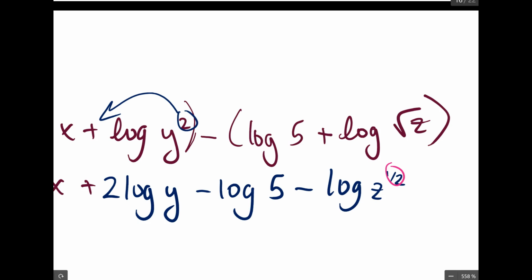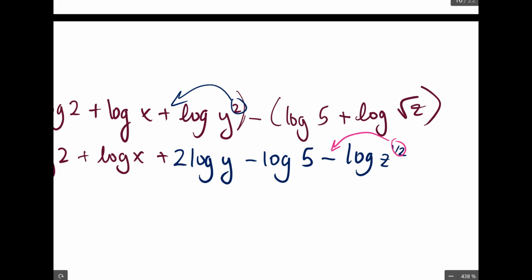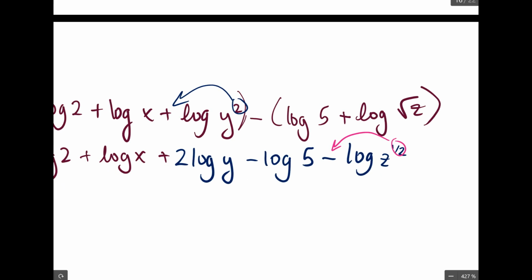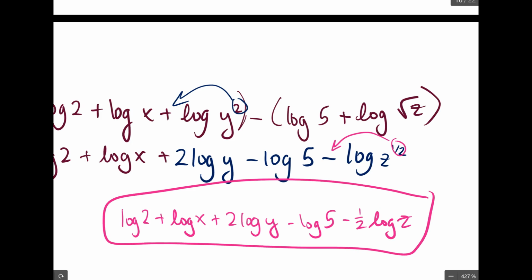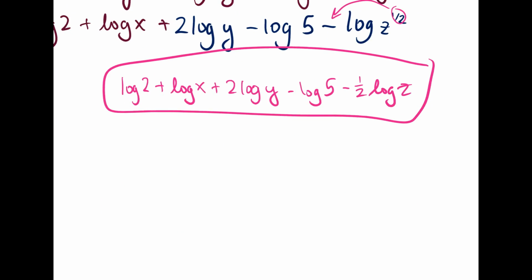There's another power, bring that out front. And finally, we're going to have the total answer. So there will be 5 terms: log 2 plus log x plus 2 times log y minus log 5 minus 1/2 log z. And that's going to be it. Go ahead, try out the next problem, and then I'll show you the answer.